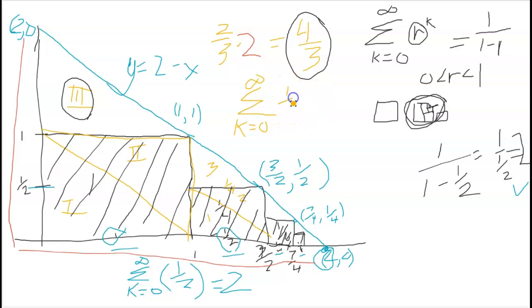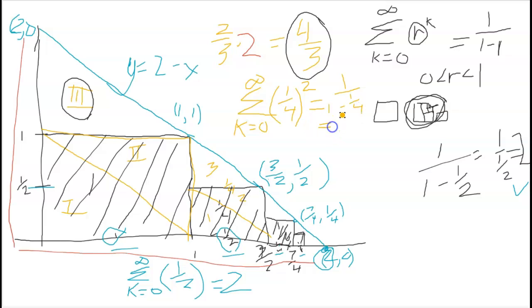So it turns out that our r is a quarter, right? Just a scale factor, but it's two-dimensional. Scale factor of a half. Two-dimensional means we're multiplying the area by a quarter every time. And we're adding them all up, and that should equal 4/3. Well, let's check it out. 1 over 1 minus 1/4.